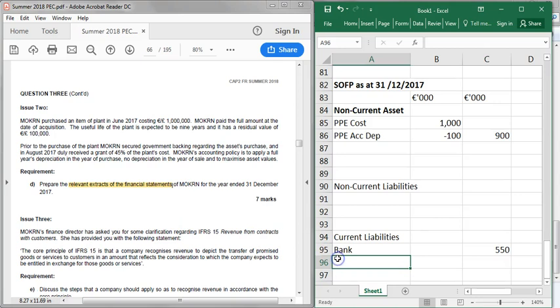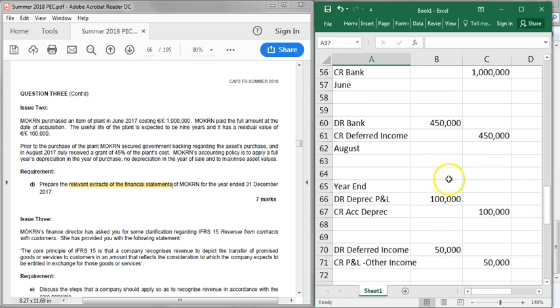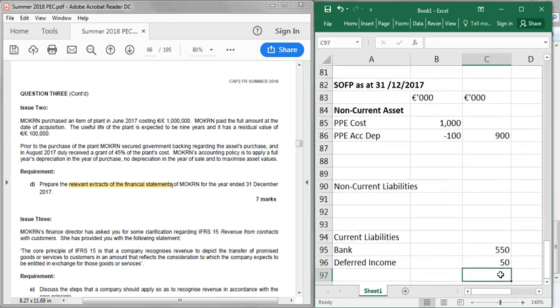The other current liability you have will be deferred income. So similar to a finance type lease, this deferred income, which is total deferred income left, is 450 minus 50 that has been released. You have 400 of that grant still to be released. But 50 of that will be released next year. So that will be a current liability.